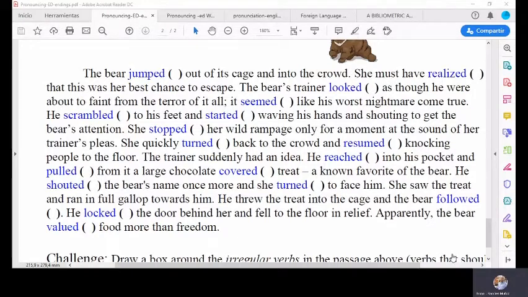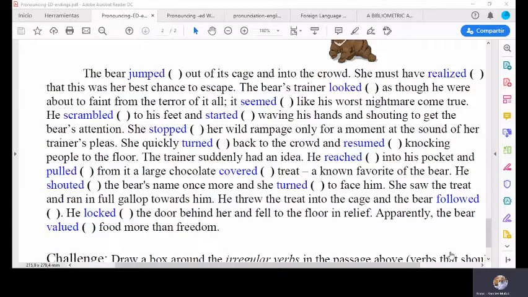Pause the video and read this passage on your own, and then we're going to go over it together. All right, assume that you have already gone through the paragraph on your own.